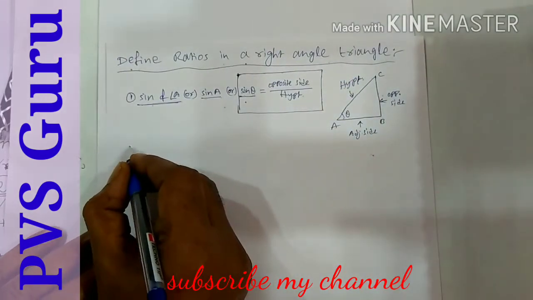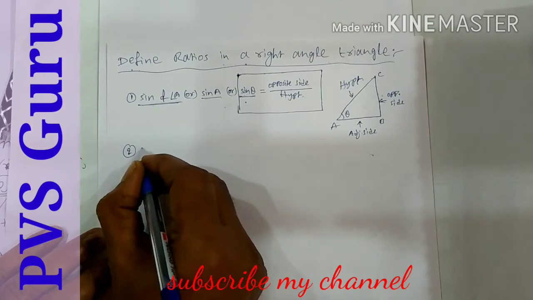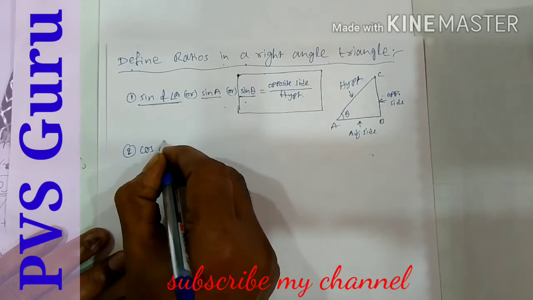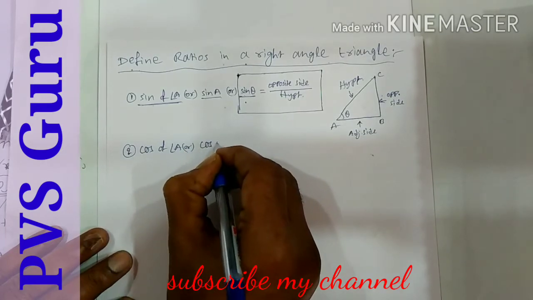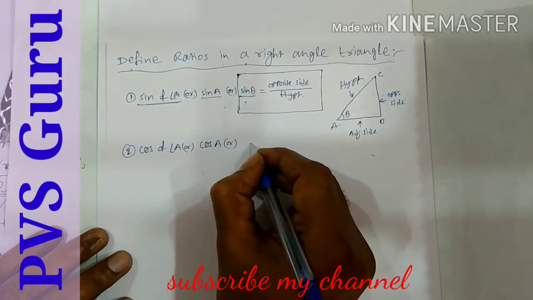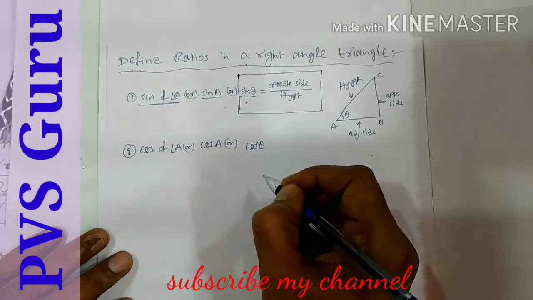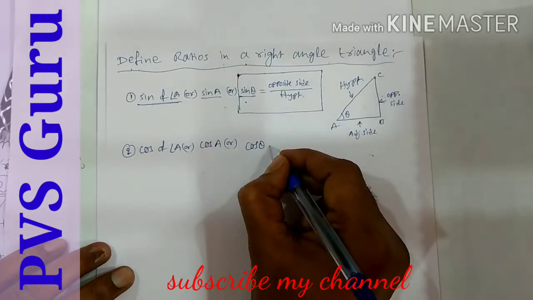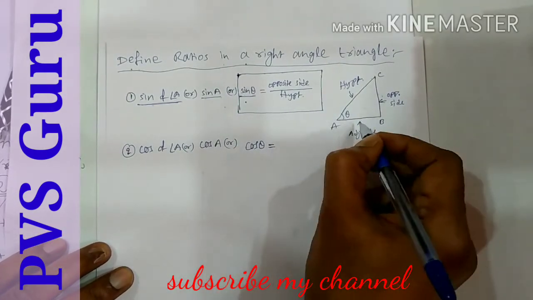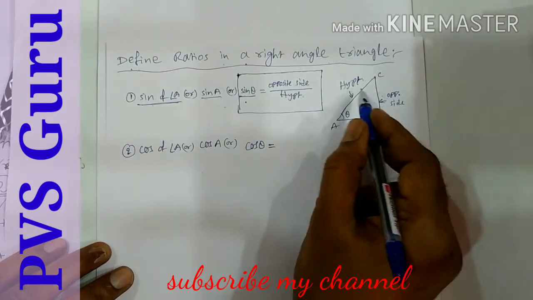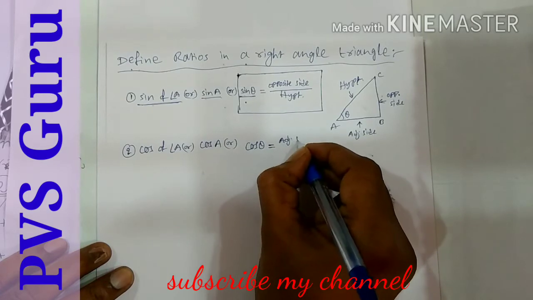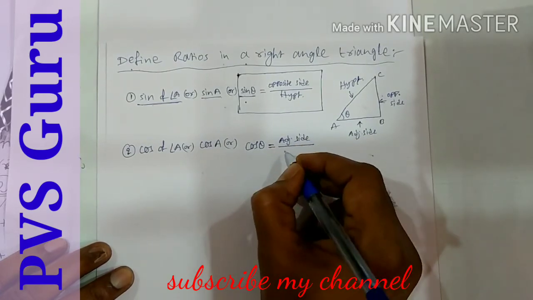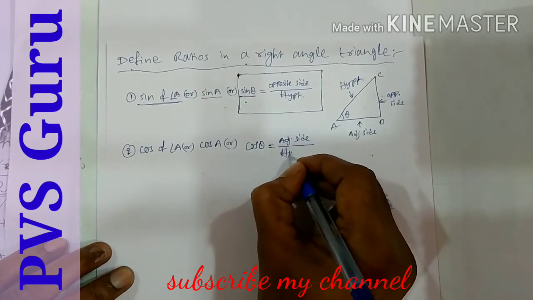Similarly, the second one we can write as cos of angle A or cos A, or we can write cos theta also. Cos theta is equal to adjacent side by hypotenuse, while the first one, sine, is opposite side by hypotenuse.